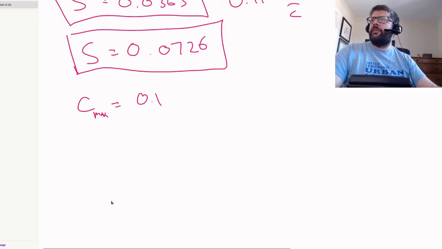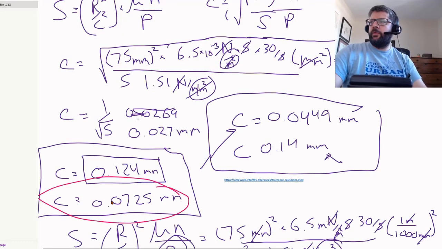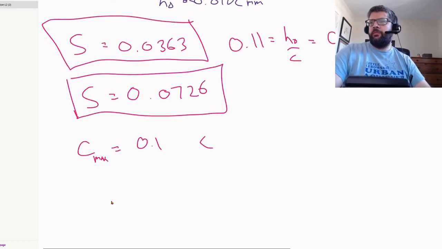So, let me just double check. At that radial clearance, we have 0.045 millimeters as our minimum, C min.